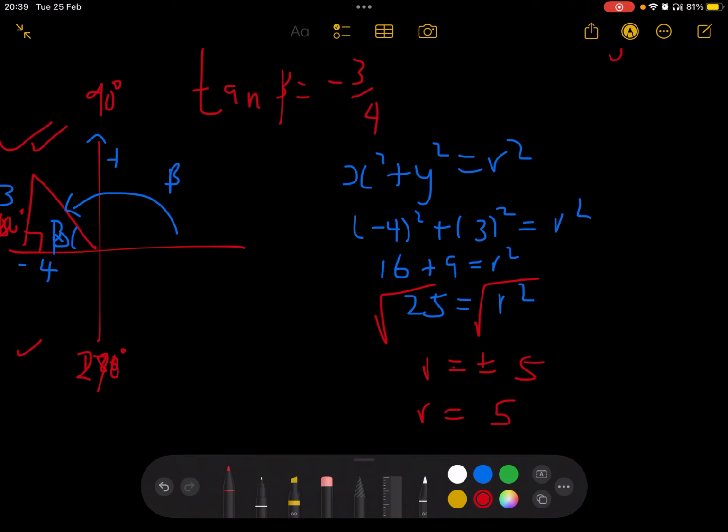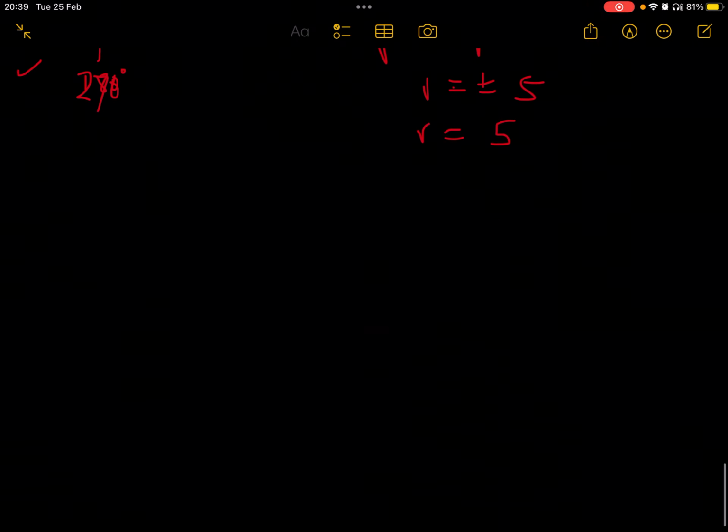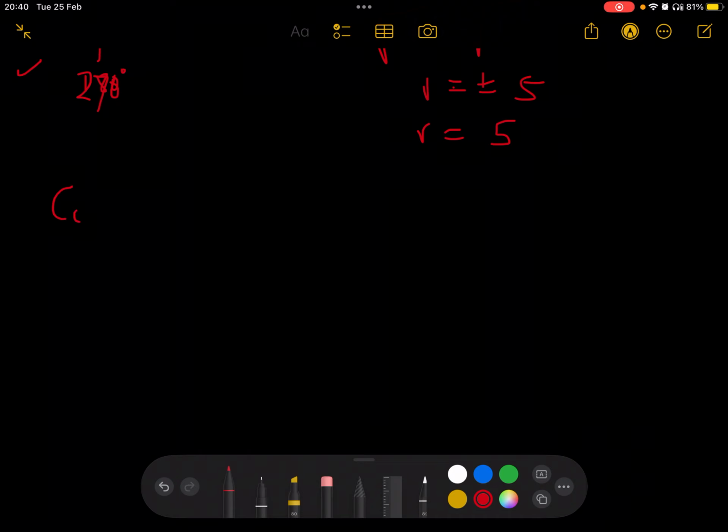Now, we were not tasked to get positive 5. We were tasked to get the value of cos of alpha plus beta. In your formula sheet, you're going to find this compound angle: cos of alpha plus beta is expanded to cos alpha times cos beta minus sine alpha times sine beta.